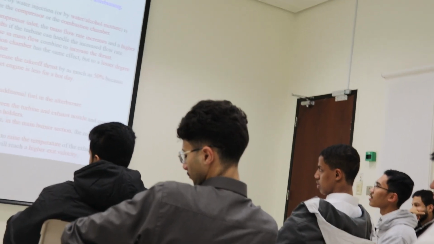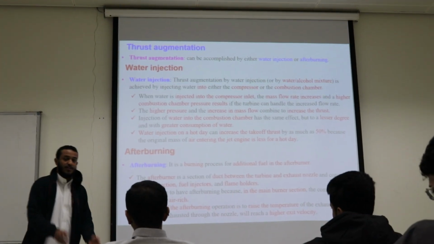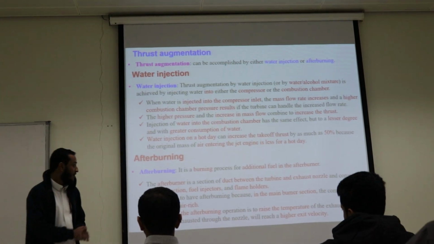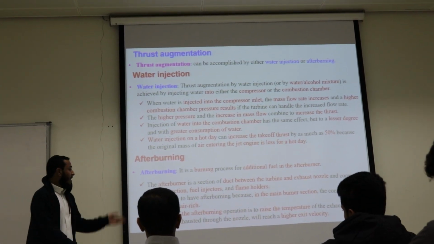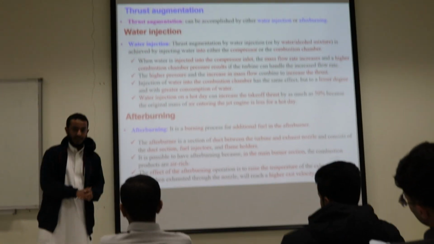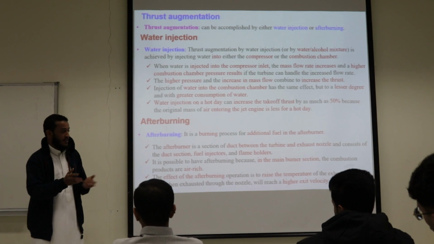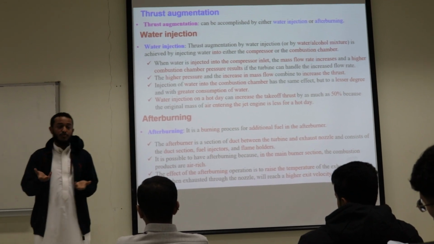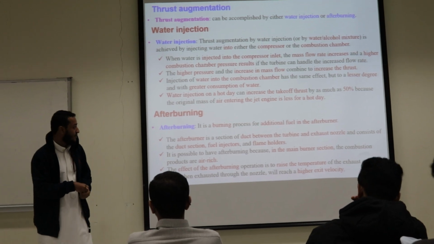The other way is the afterburner. Please go ahead. The afterburner is usually after the turbine and previous to the exhaust nozzle. How does the afterburner work? After the combustion chamber, the generated air mixture is rich with air, so we can do an extra burning process.